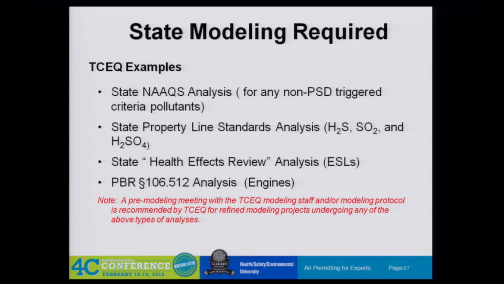So you have your projected actual minus your baseline actual, that's your increases. Fundamental difference, if you avoid PSD and you're into a state NACs analysis, the guidance says that you model the net difference in your allowable emission increase, the net allowable emission increase.